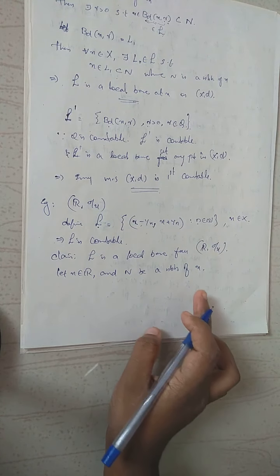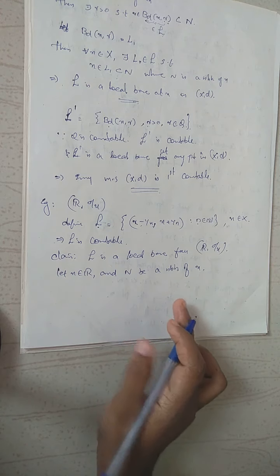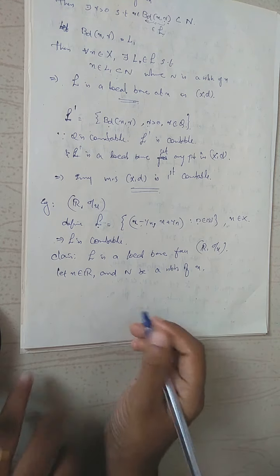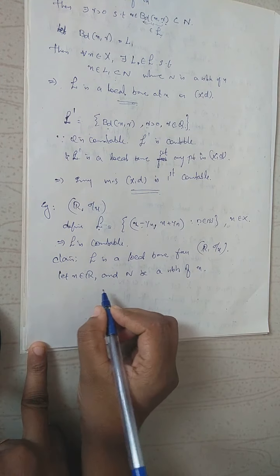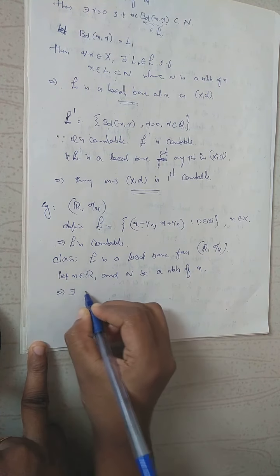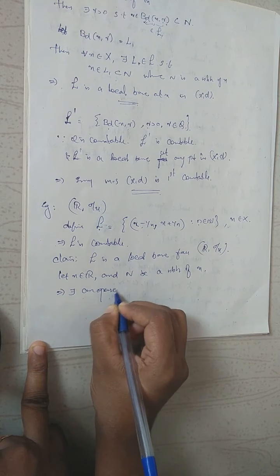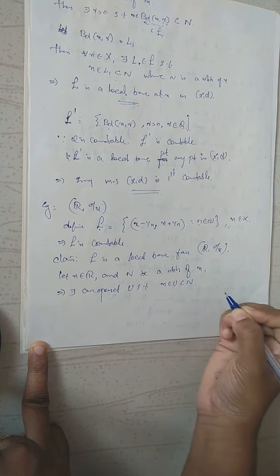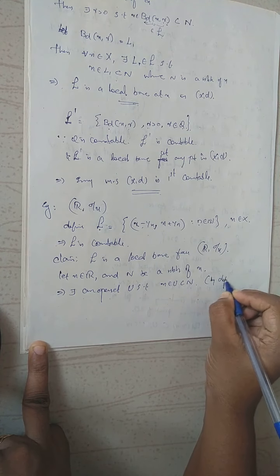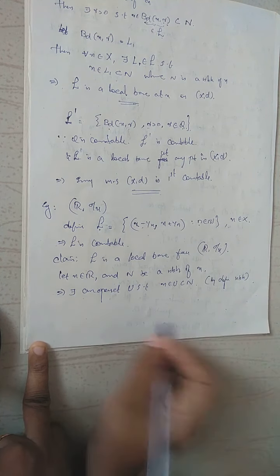Since N is a neighborhood of x, by the definition of neighborhood in a topological space, there exists an open set U such that x belongs to U and U is contained in N.